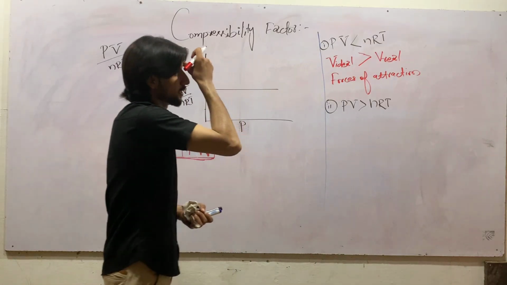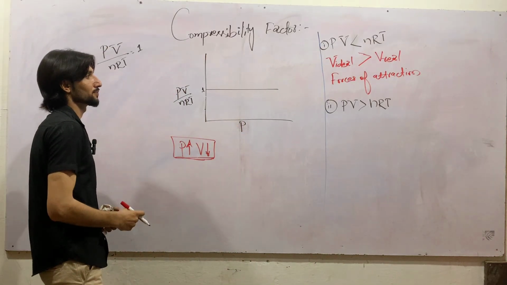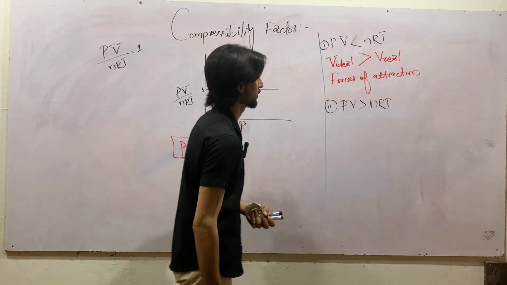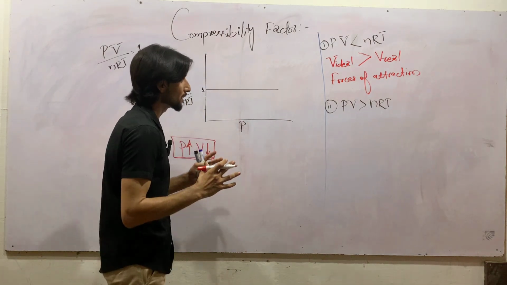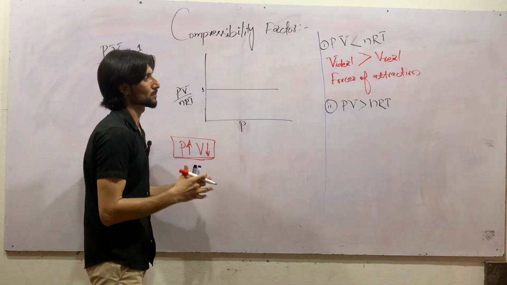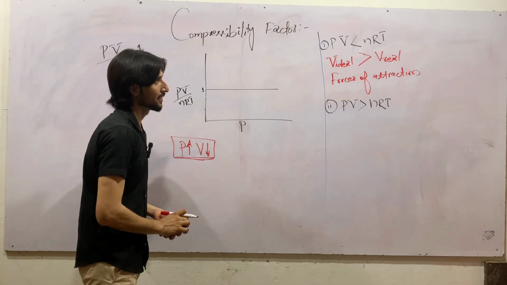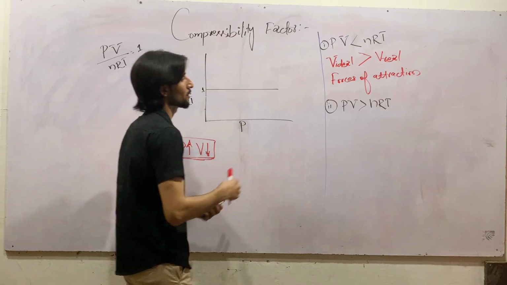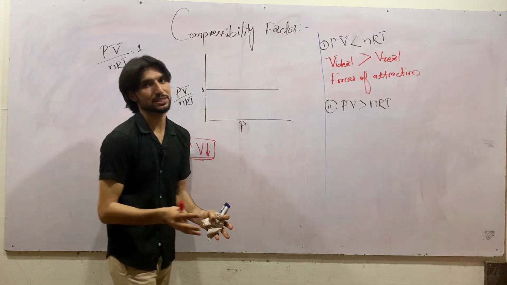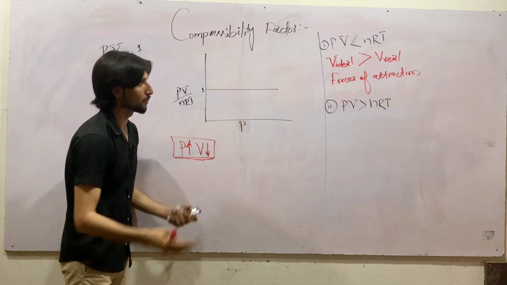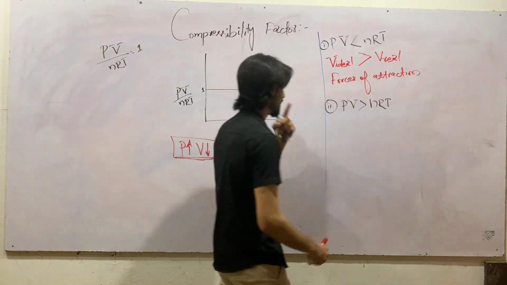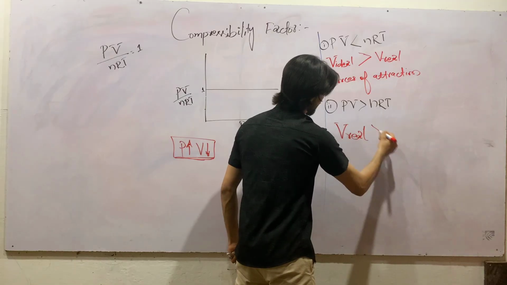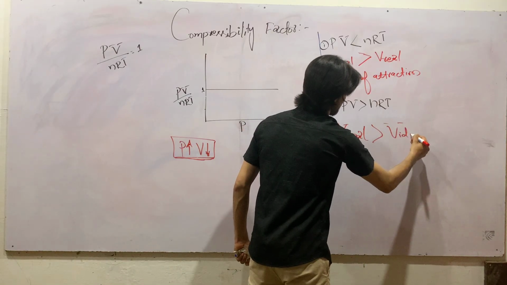Okay. In the other case, if the PV product comes greater than nRT, it means the volume is not compressing as much as I have predicted. In the previous case, the volume was compressing more than I predicted. Here the volume is not compressing as much as I am predicting from Boyle's law. So here what I'll see is V real greater than V ideal.